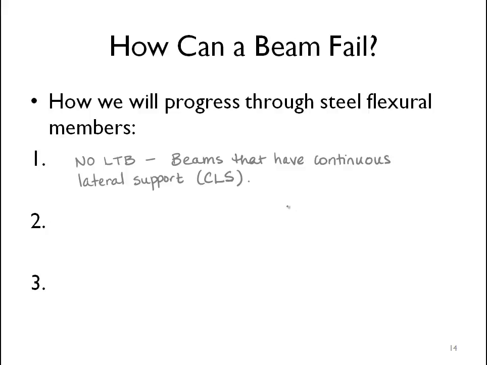So let me see if I can sketch a little rolled shape. Let's say this guy is in flexure.